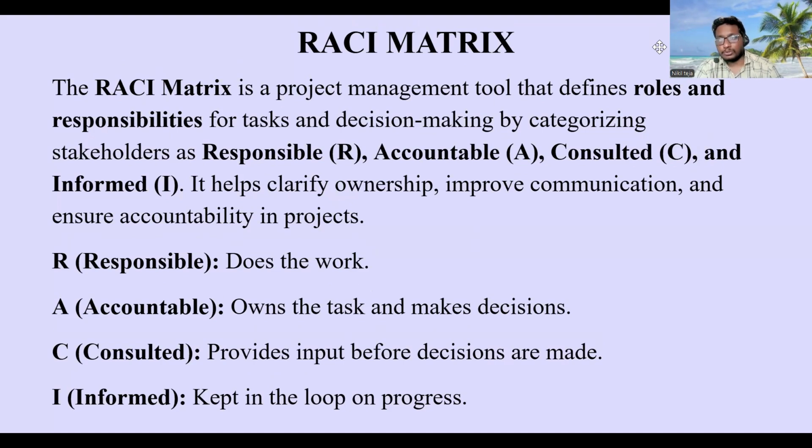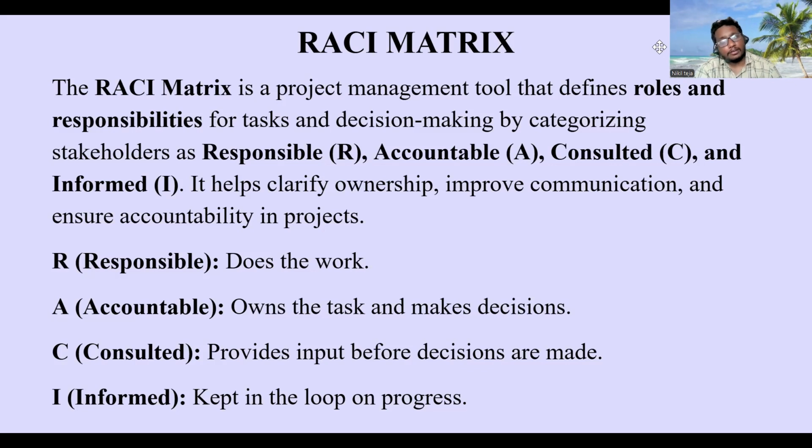RACI matrix is used to identify the stakeholders based upon their responsibility, their accountability, who should be and who needs to be consulted, and who needs to be informed, right? So R stands for responsible, like who are the stakeholders responsible for doing particular work. That is nothing but who does the work.